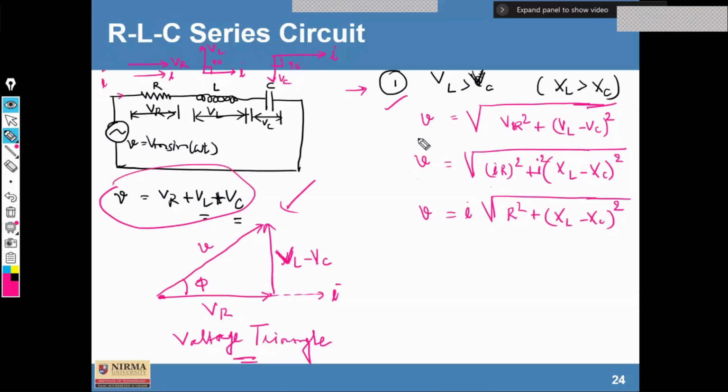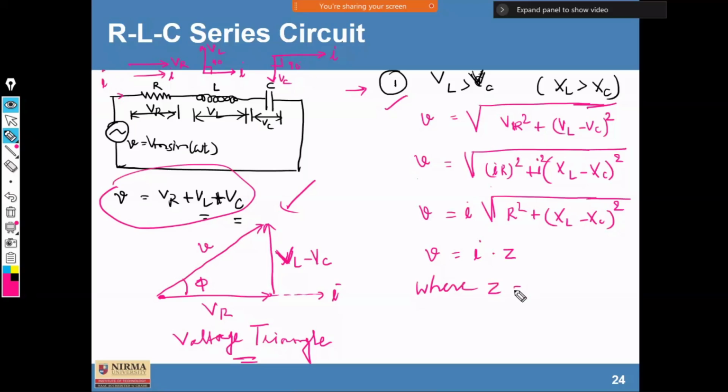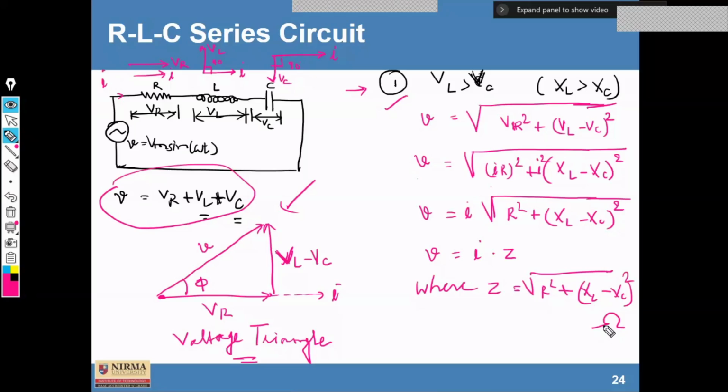But if they are not equal, when XL is greater than XC, or we can say VL greater than VC, then we can have such equations. So we can write V is equal to I into Z, where Z is equal to under root of R square plus XL minus XC whole square, and the unit is ohm, impedance.